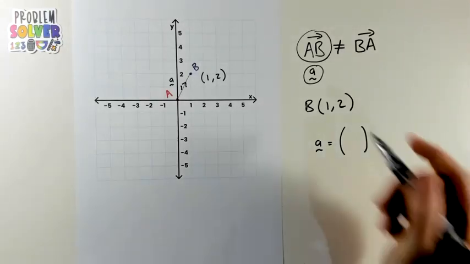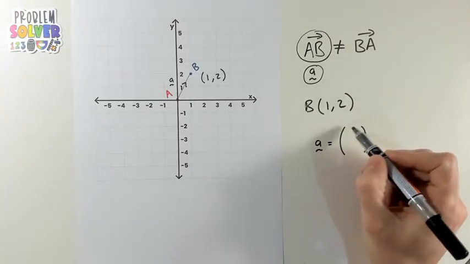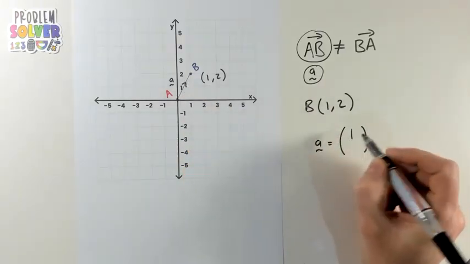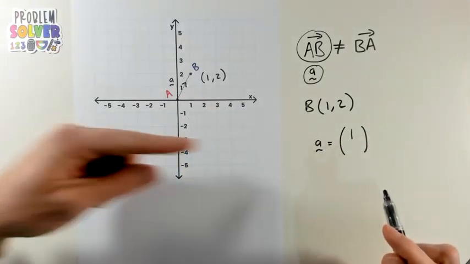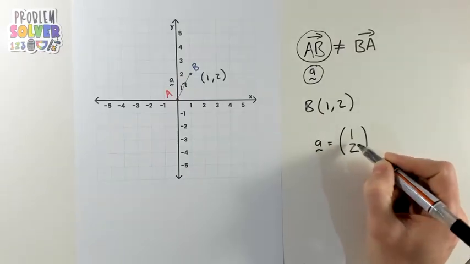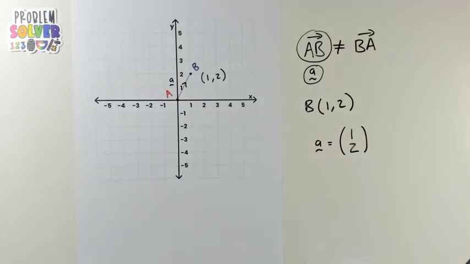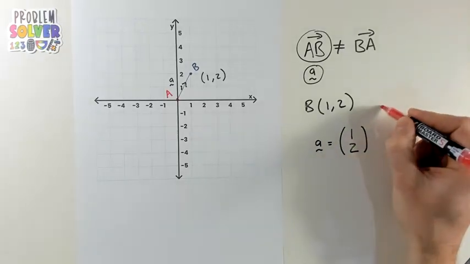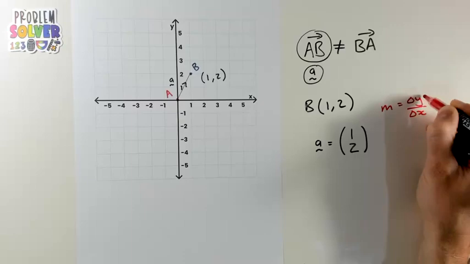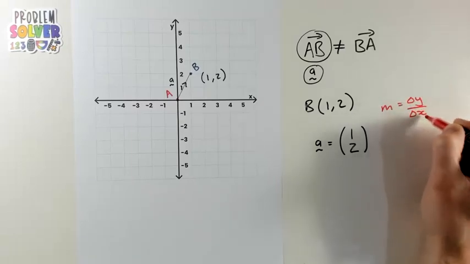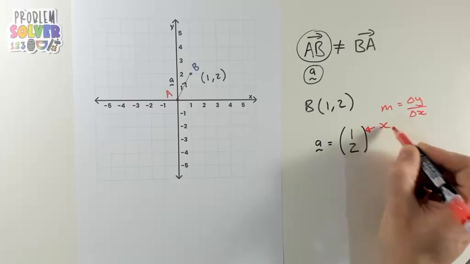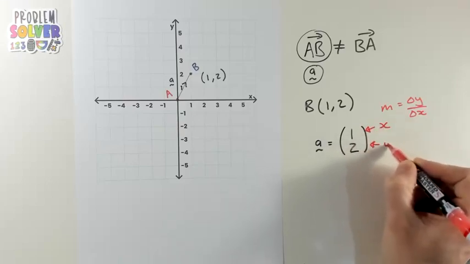In this case, we're going 1 unit positive in that direction, and 2 units up. It can be confusing because with straight lines we do change in y over change in x, so we're used to seeing the y value at the top. But with vectors, the top value is the x and the bottom value is the y.